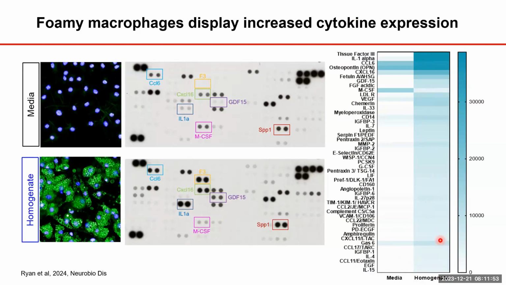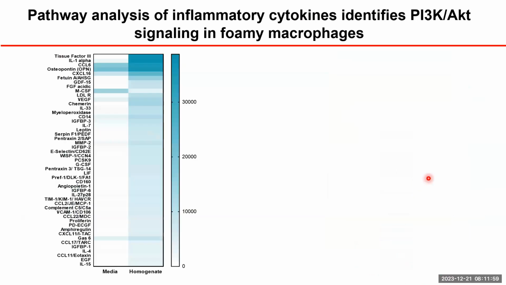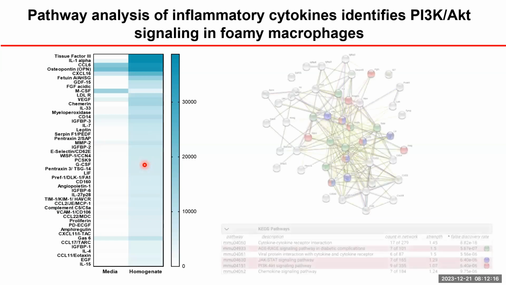And so what we did here was we took a bioinformatics approach and we did a KEGG pathway analysis based on these differentially expressed proteins, to do an unbiased analysis of what signaling pathways were associated with the cytokine expression profile.